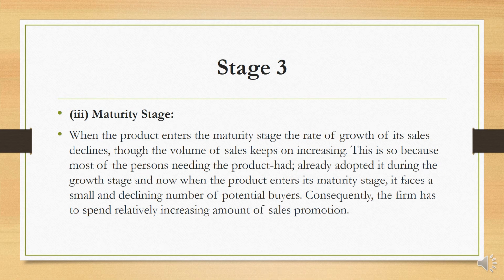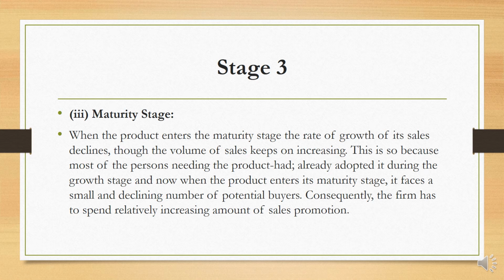Our next stage is the maturity stage. Stage number 3: when the product enters the maturity stage, the rate of growth of its sales declines, though the volume of sales keeps on increasing.